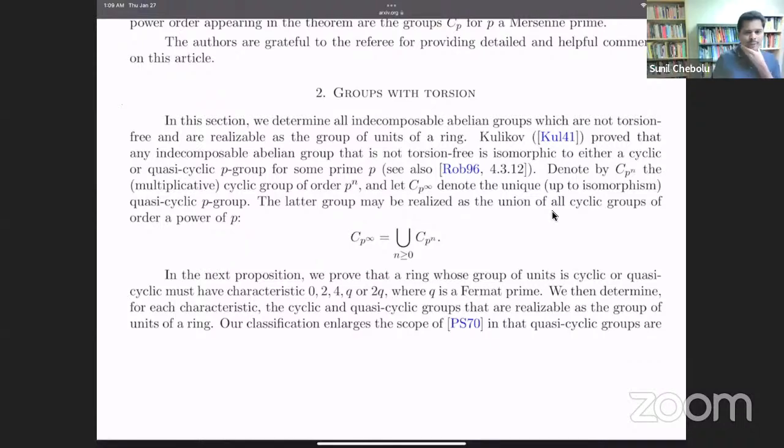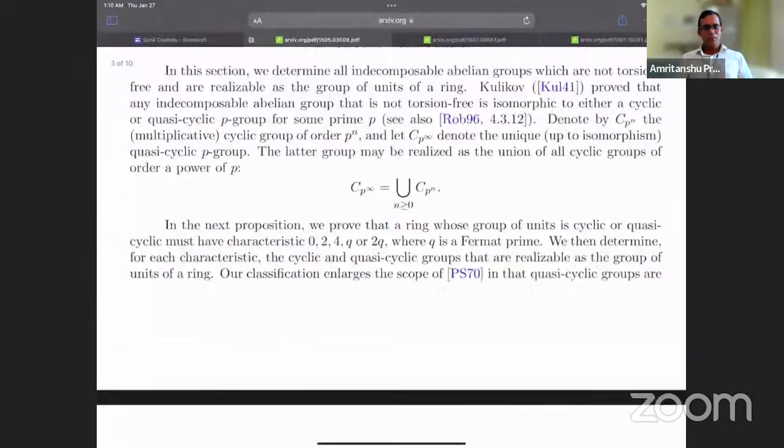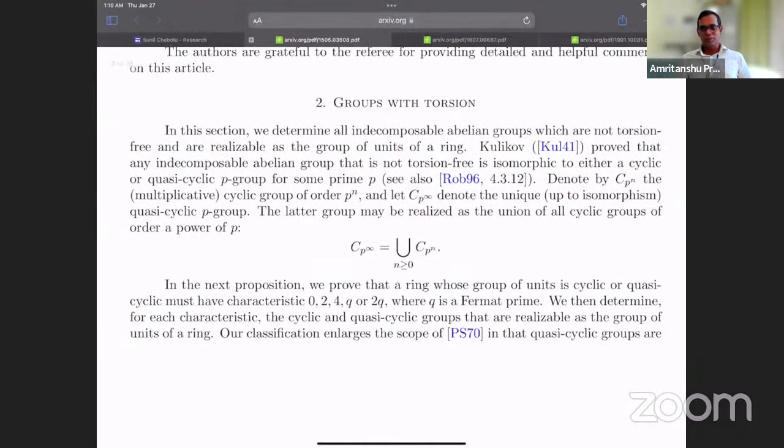I don't know about that, but this is the closest thing that comes. Interesting. CP infinity is an example of an infinite 2 torsion group, and we've shown that it is not realizable as a group of units of a ring. So take a look at this class of reduced 2 torsion groups. That may be interesting.